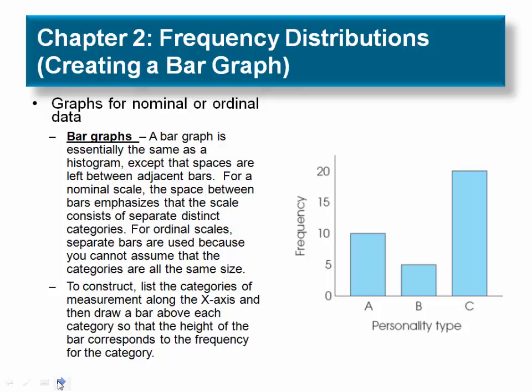Notice that the appearance of the graph is different because the bars don't butt up against each other. Instead, there's a space between them. This is done on purpose and designed to visually represent the nature of the measurement scale. Because personality type is a discrete variable measured on a nominal scale, the graph is drawn with space between the bars.